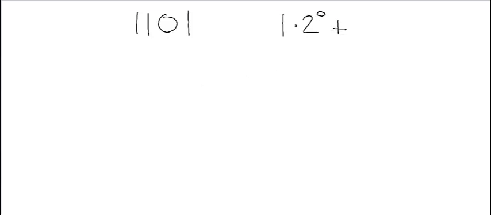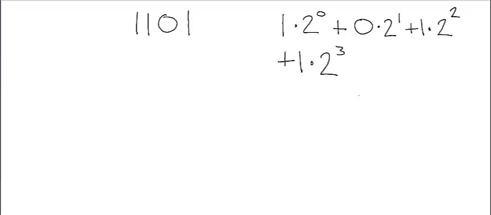Plus, we have a 0 in our first position, so this is going to be 0 times 2 to the power 1. And in our second position, we have a 1, so this is going to be 1 times 2 to the power 2, plus 1 times 2 to the power 3.